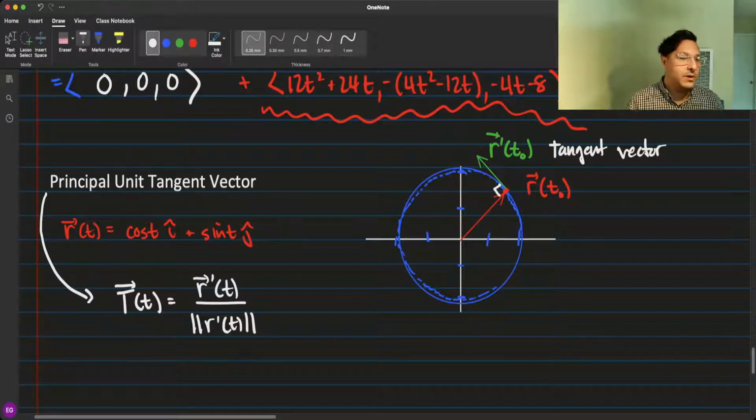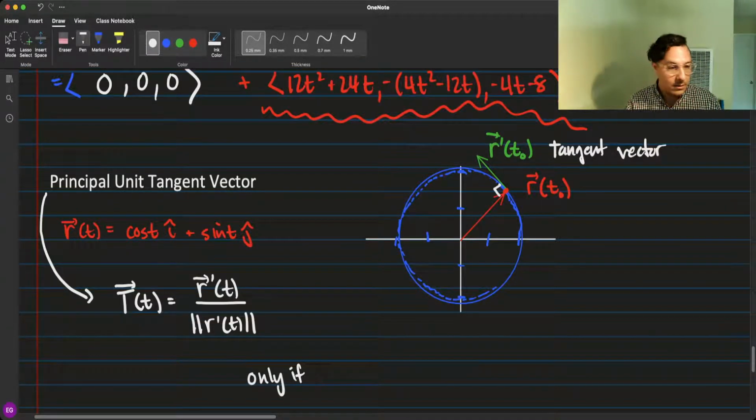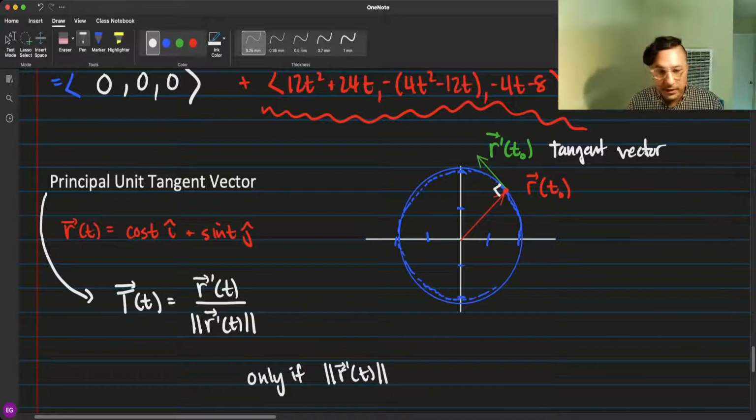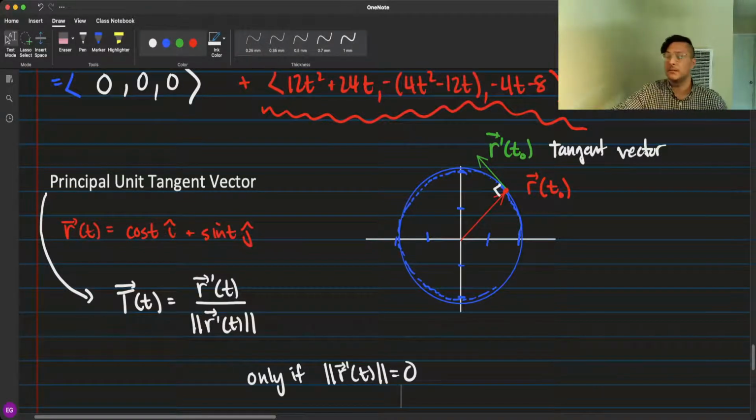And this only works if the bottom is not equal to what? What can the bottom not be equal to? Because we're dividing. I should put the little arrow. Zero.